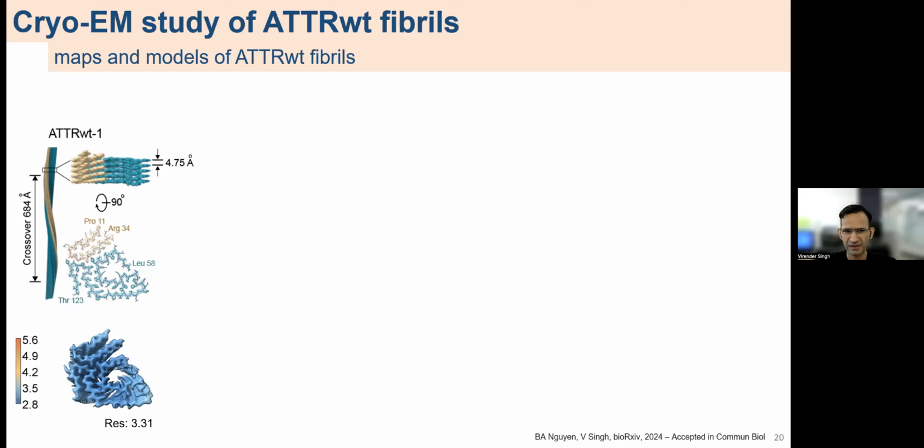So the initial 10 amino acids were missing from the density map, as well as a fragment from 35 to 57, which is missing. Mostly these are disordered, and we don't observe them in the cryo-EM structures.